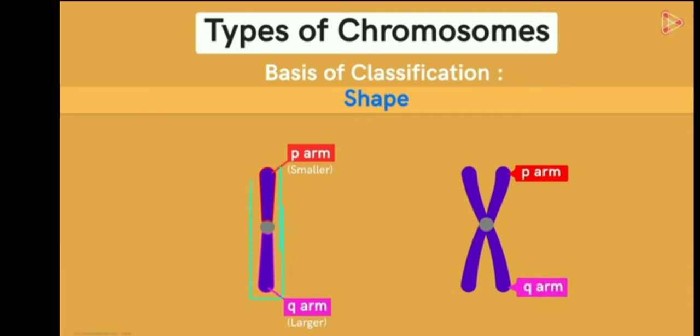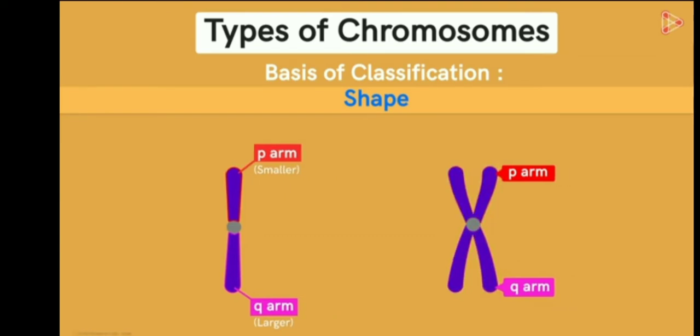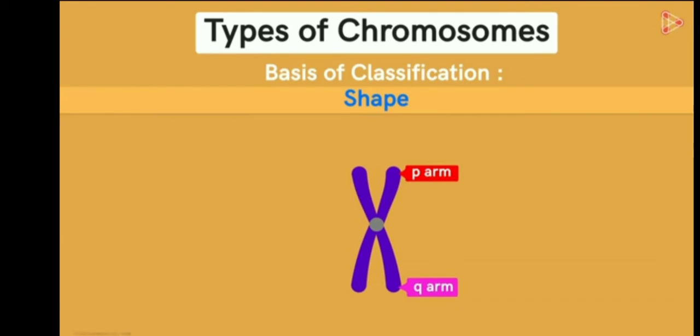Centromere also serves as the attachment site for the spindle fiber during the anaphase. On the basis of the position of the centromere, the different types of chromosomes can be classified. You can see in the video the position of the centromere, that is the primary constriction.